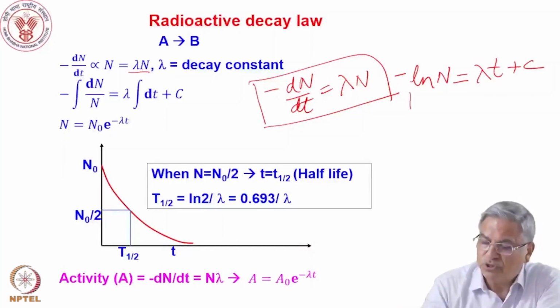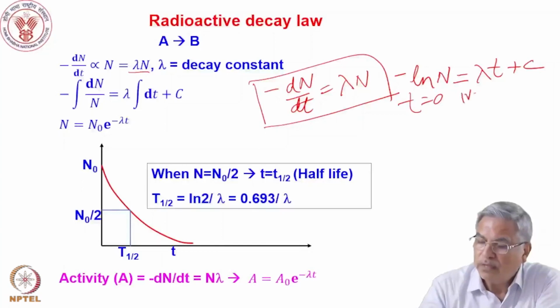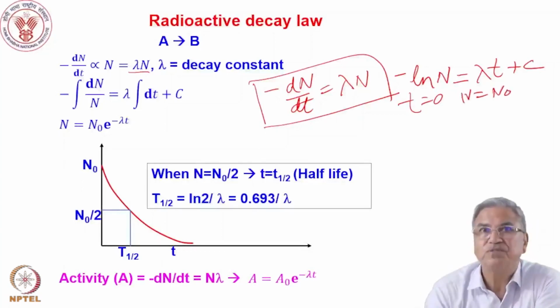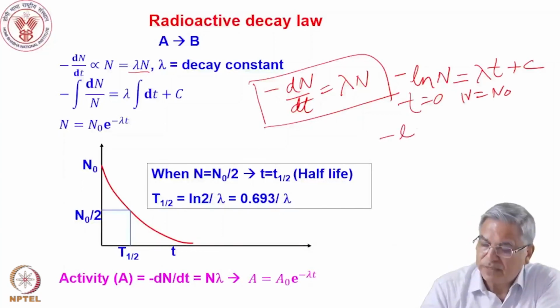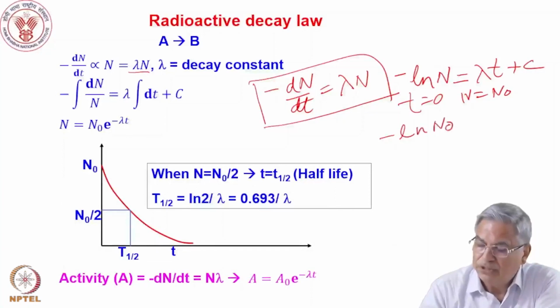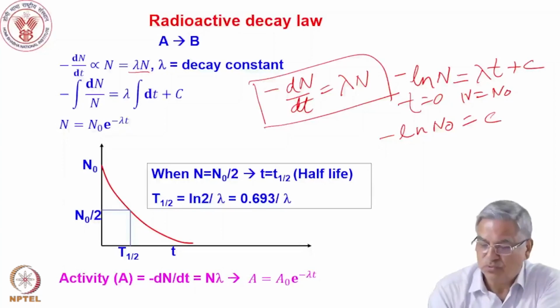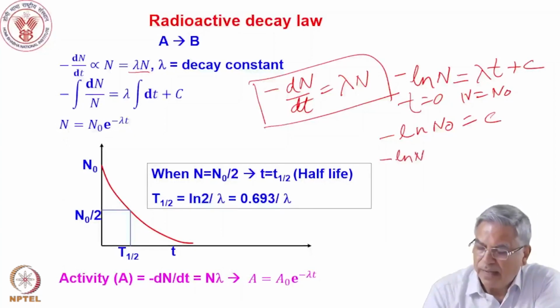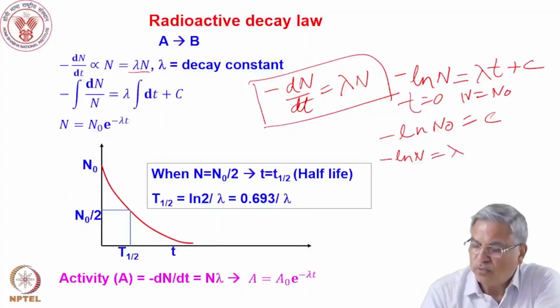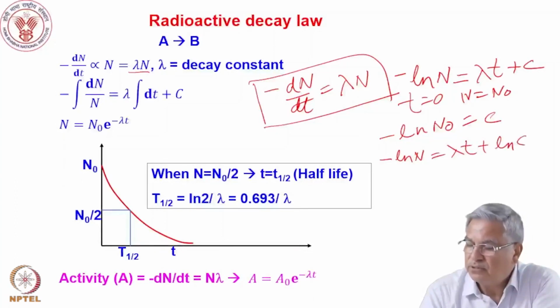When t equal to 0, N equal to N0. You put this condition: minus ln N0 equal to c, because t is 0. So you get minus ln N equal to lambda t minus ln N0.